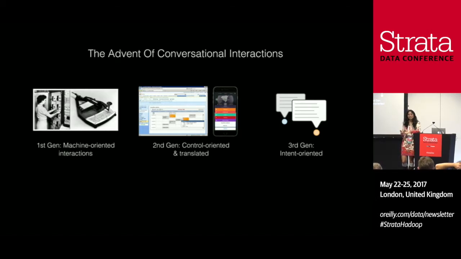That's our current generation in a way, where there are higher-level programming languages and abstractions that make it easy for us to tell the computer what to do. But really the future is where the machines understand what we want and do it more automatically and seamlessly, rather than having to have a detailed set of instructions.